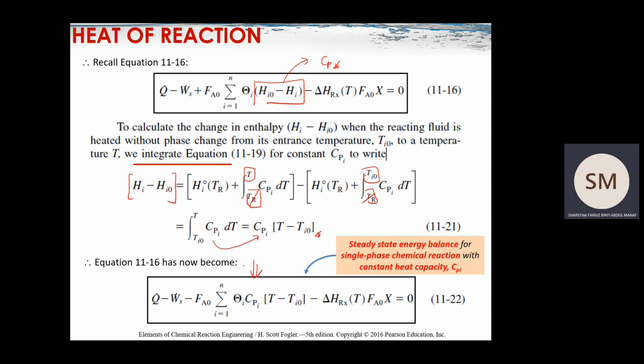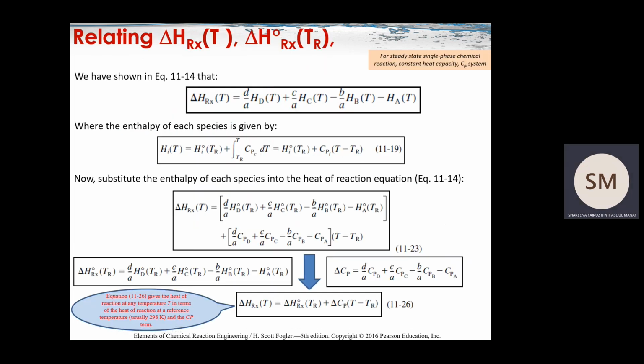So, steady state. Let me move this one. The steady state energy balance for a single phase chemical reaction with constant heat capacity is represented by this new equation 11-22, whereby you substitute the value of the heat capacity here, which represents Hi naught minus Hi. So we move on to this one.